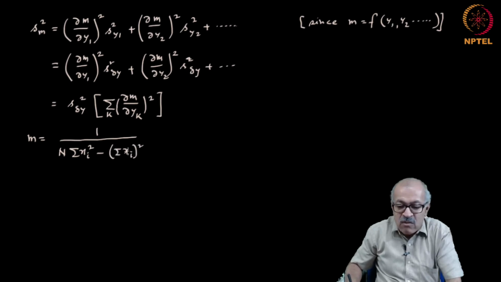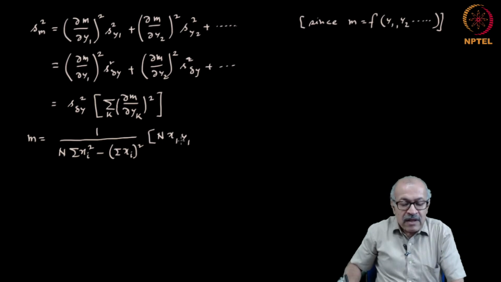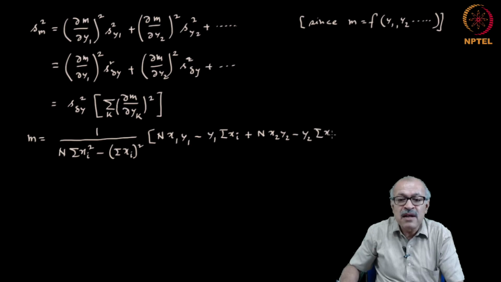That was the denominator. The numerator was n x1 y1, and I am breaking it apart in the form of 1, 2 and so on. So, it will be n x1 y1 minus y1 sum over xi. That was the first term. Similarly, there will be similar terms for 2, so plus n x2 y2 minus y2 sum over xi, dot dot dot, and that continues.